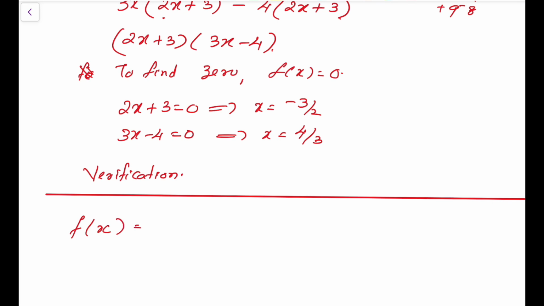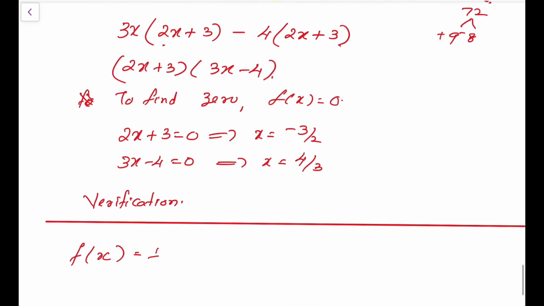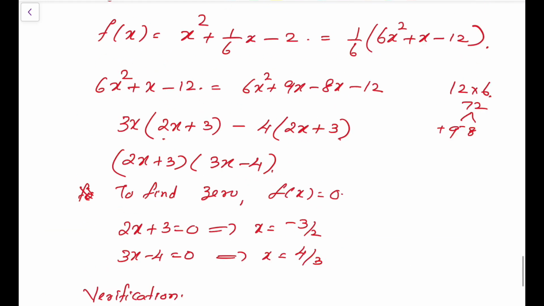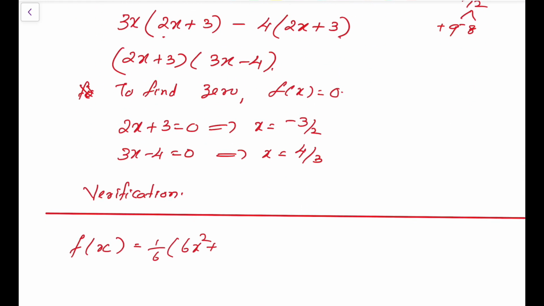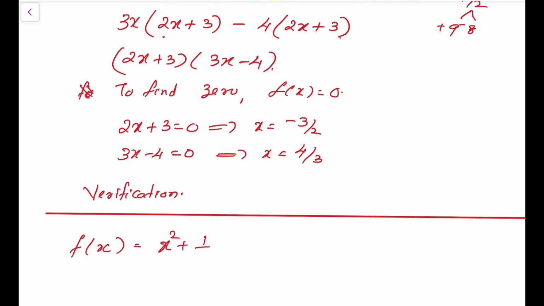So the polynomial is 1 by 6 into 6x squared plus x minus 12, or even you can take the other one also, what is given, x squared plus 1 by 6x minus 2, and then here alpha is equal to minus 3 by 2 and beta is equal to 4 by 3.